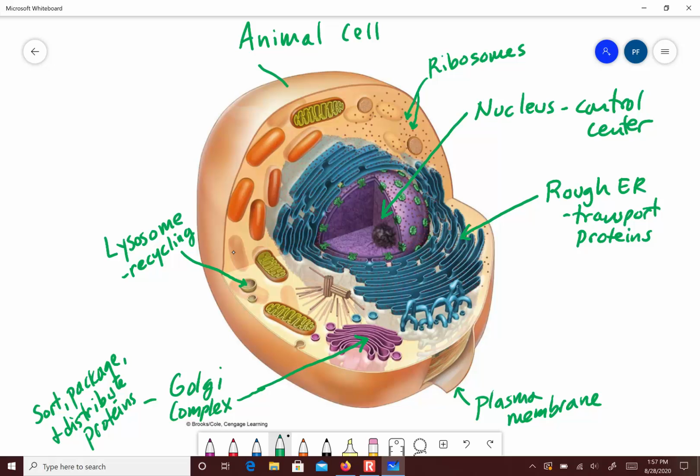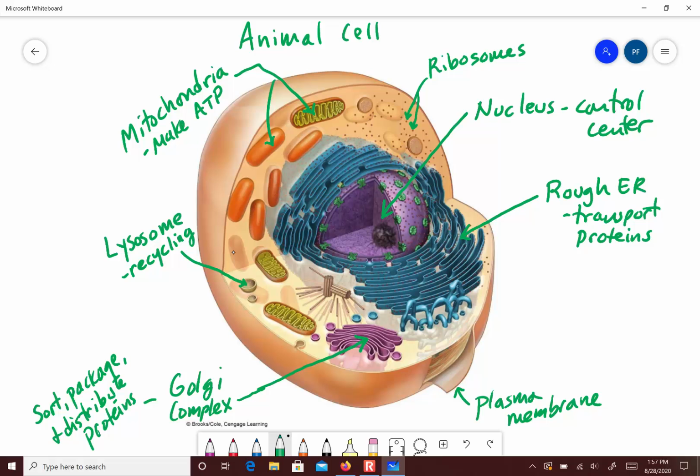All right, these orange structures, I'm going to point to both. The one on the right that I pointed to at the top is cut open. If it's not cut open, it just looks like an orange bean inside this cell. These are called mitochondria. And mitochondria make ATP.